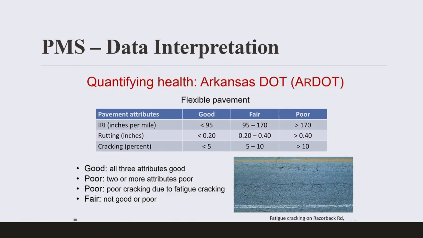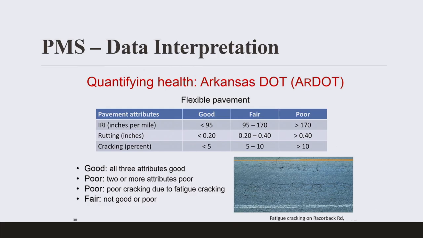Then as a combination of the three parameters, you can see here, good, fair. Again, this is ARDOT, Arkansas Department of Transportation. As I said, the matrix is the same. There might be slight changes in how you average the numbers. Some states are worried more about rutting, some more about cracks, because not all states have the same geotechnical conditions, which impact rutting, and not all states have the same temperature variation, which impacts cracks.